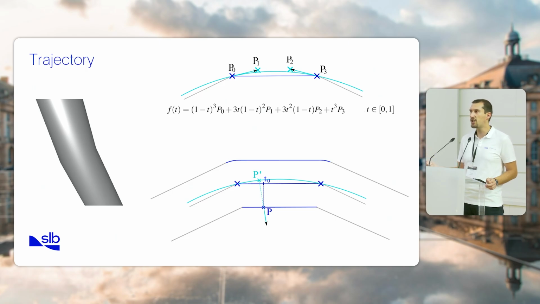We have a T0, which is very close to the minimum T of the minimization. So starting from this position, and by doing a gradient descent or a minimization technique, in just 2 or 3 steps, we can find the point P' and compute the normal, which completely removes the cracking artifact, as we can see on the left here.